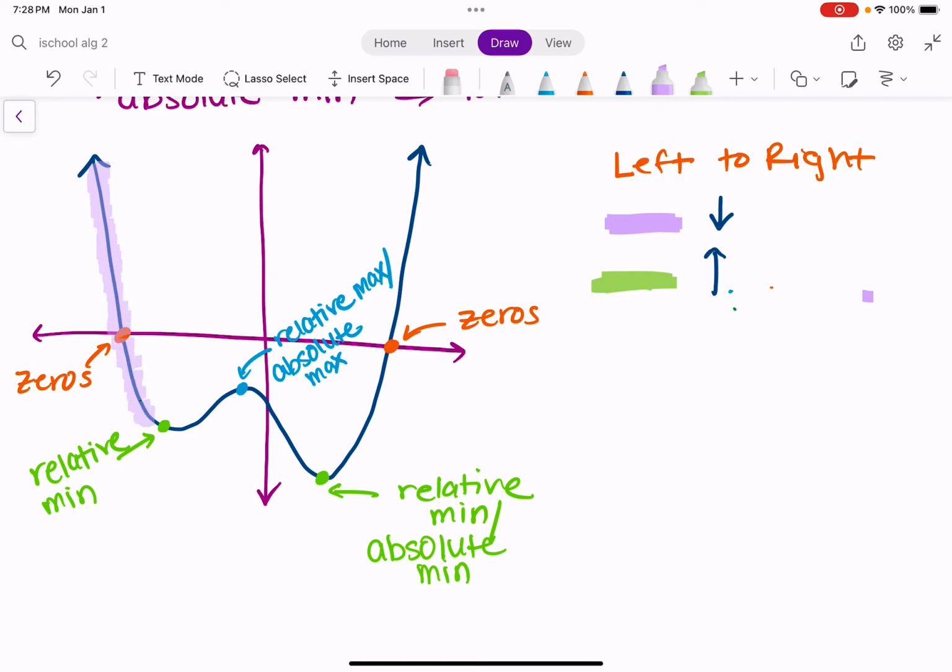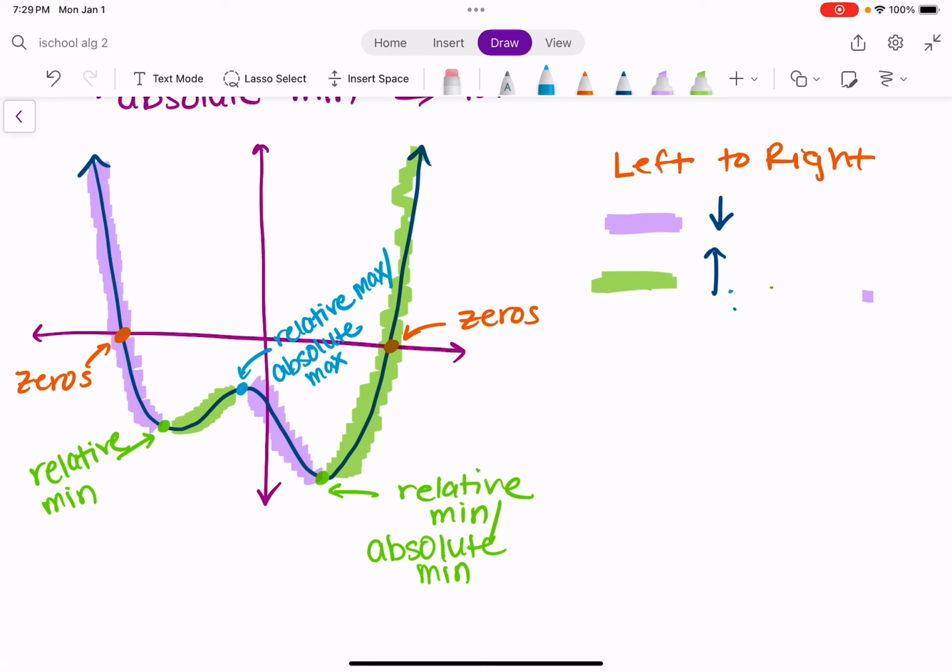And then we hit one of the mins or maxes, right? We hit a min, which means now it starts going up. And then I hit another max or min, which means it's going to change directions, and now it's going down. And then lastly, I hit another min or max, and now it's going up again. It's going all the way up, right?